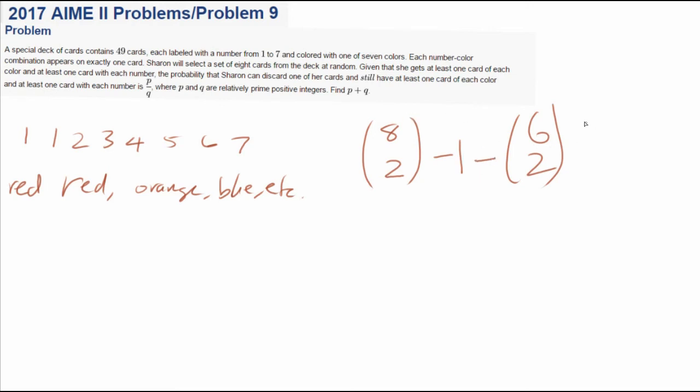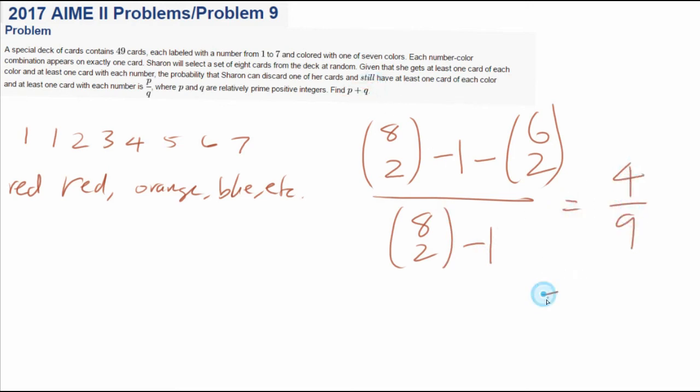So the numerator would be this. This is the total, and this is the number of cases in which the reds aren't assigned to the ones. You divide this by the total number of ways, and you get 4 nines. So the answer is P plus Q, so it's 13.